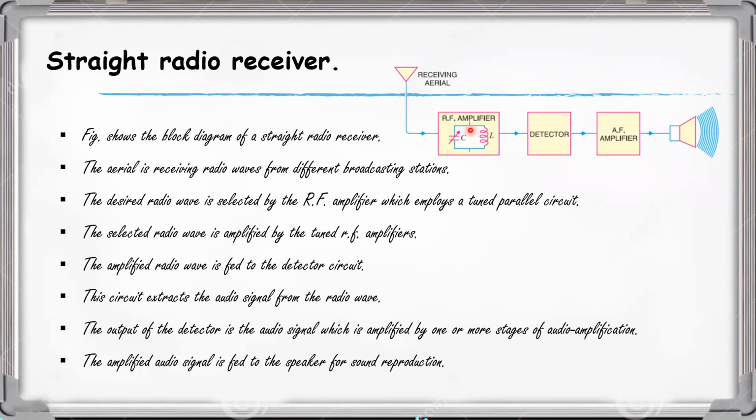We know that this RF amplifier has a variable capacitance. These are tuned RF amplifiers, because for a particular tuning frequency or resonance frequency, it must have very high gain.